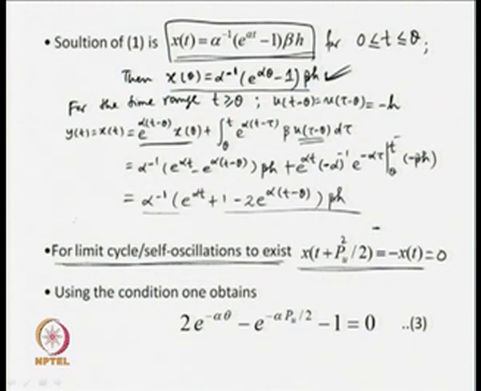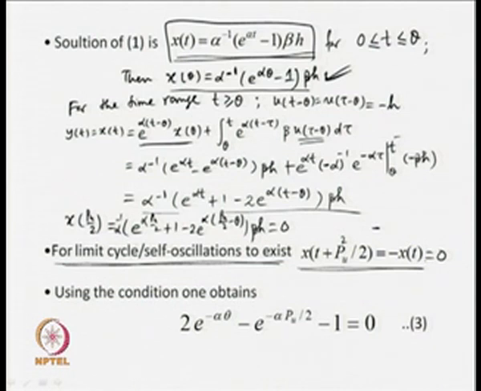When t is substituted by pi by 2, then x pi by 2 will be equal to e to the power alpha inverse e to the power alpha pi by 2 plus 1 minus 2 e to the power alpha pi by 2 minus theta beta h, and this has to be equal to 0, that we know from this condition.